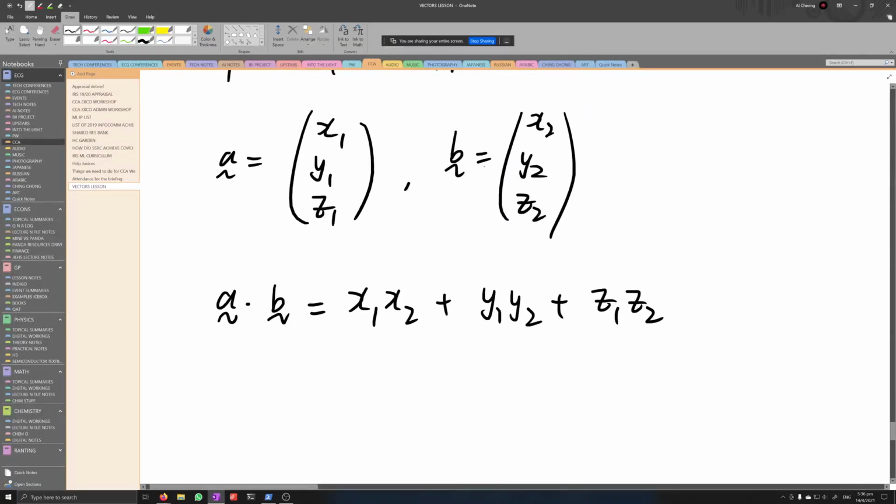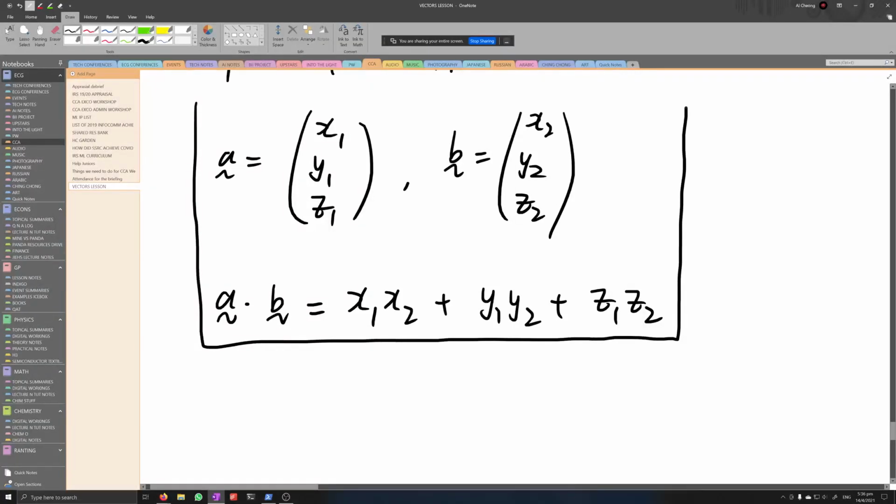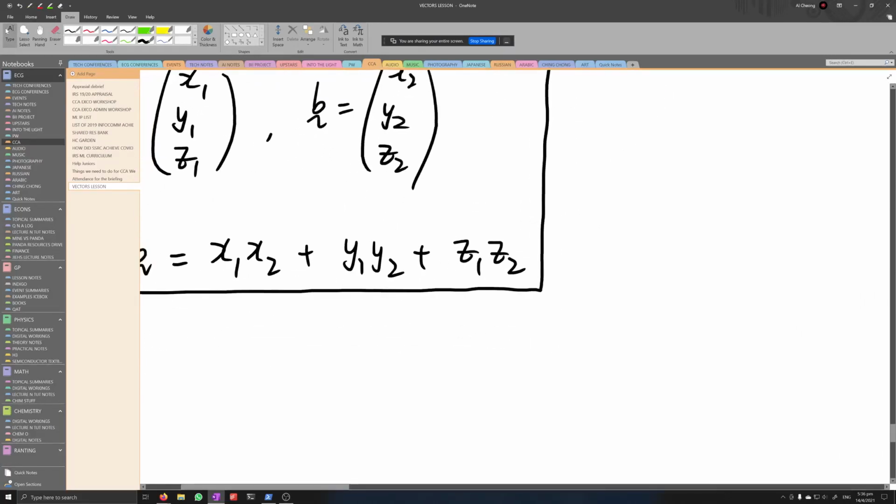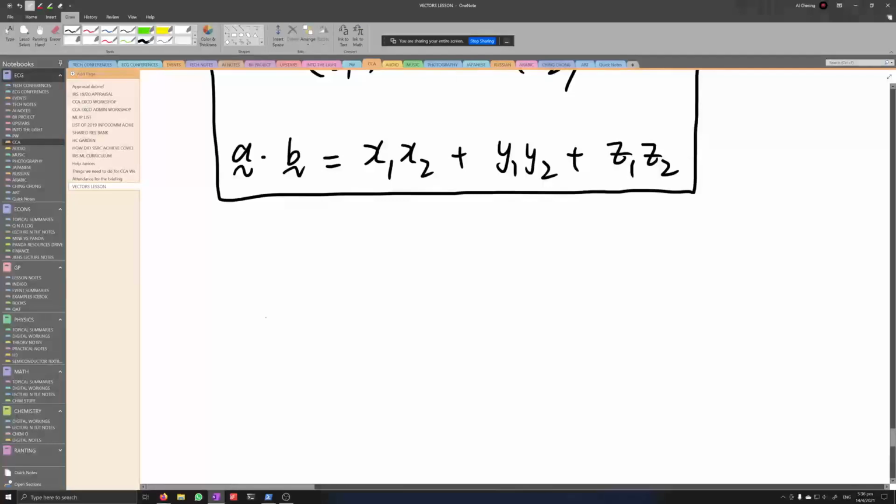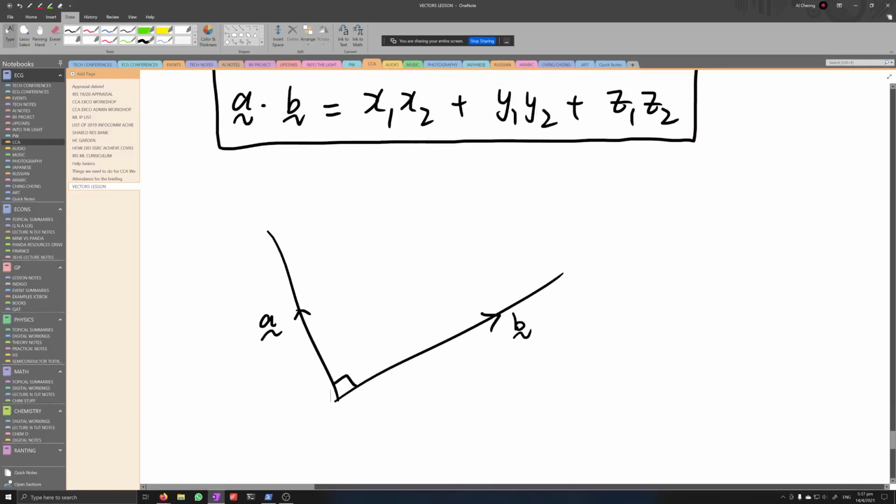Now, so this is the first one. This is the first very important one. Then, let's say we had an A like this, and a B like this, and they are orthogonal to each other, perpendicular.